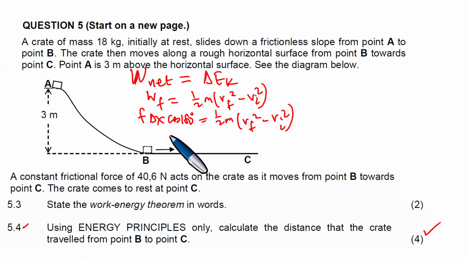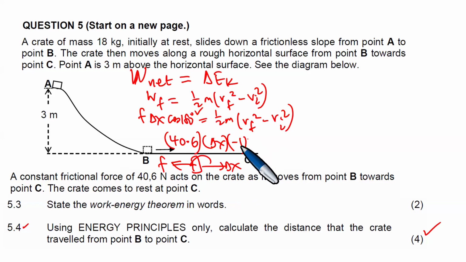The frictional force, therefore, is 40.6. So obviously 40.6 times delta X, but you know that the friction is in the opposite direction to the displacement delta X, making the angle 180 degrees.